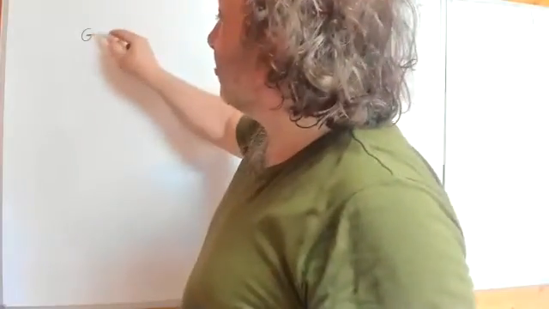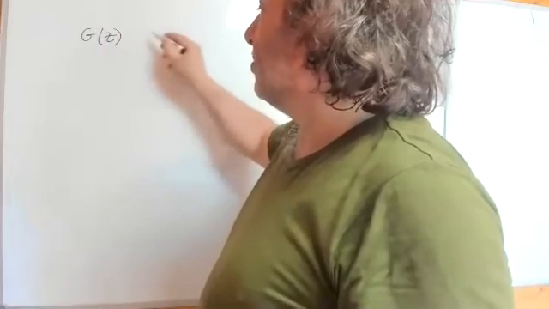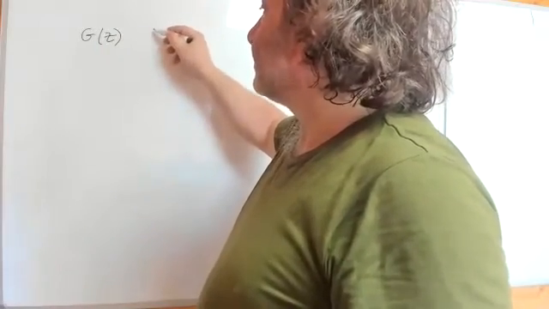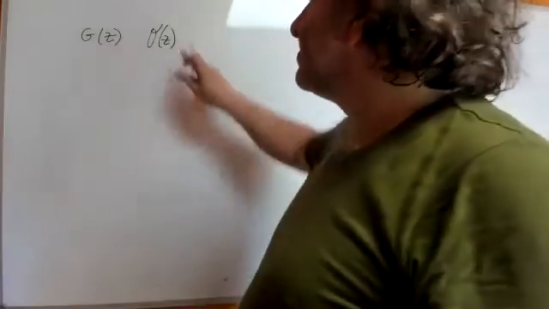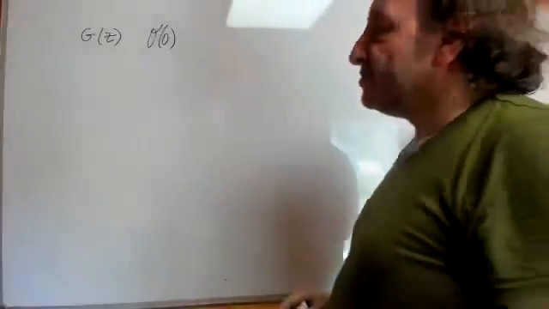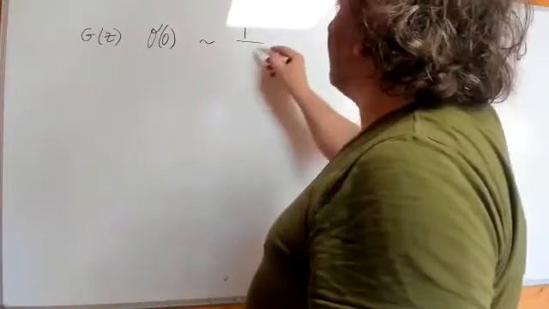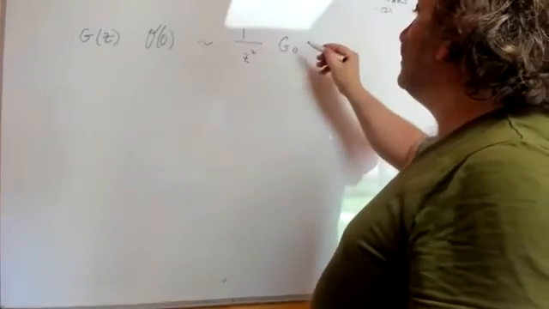So in rotation, we study the second order pole. So we look for this G dot.